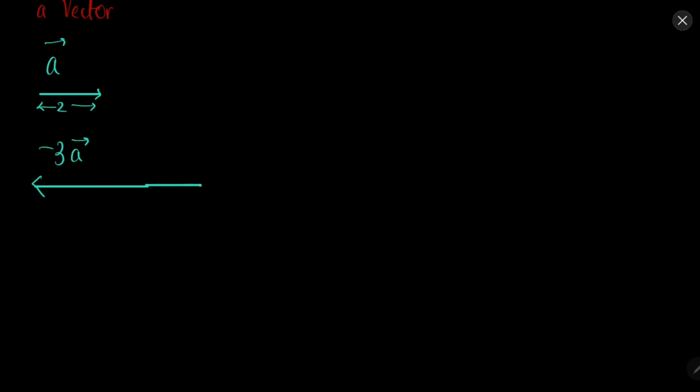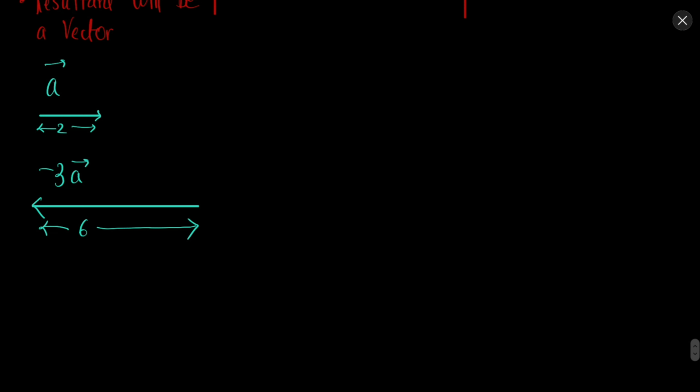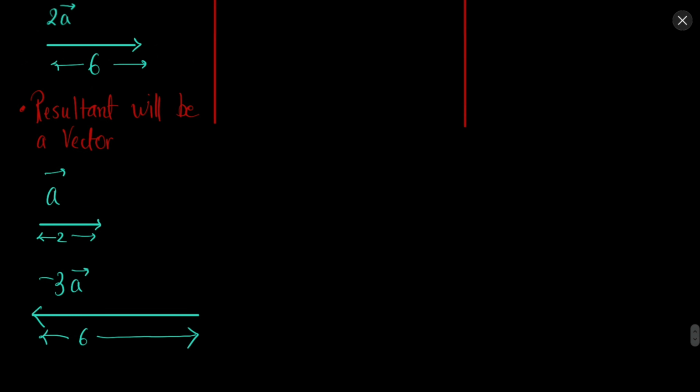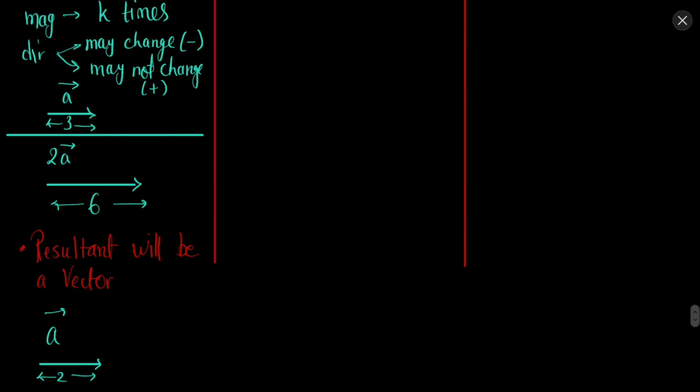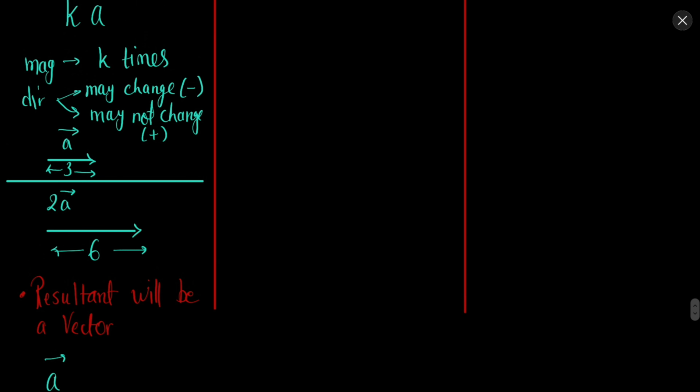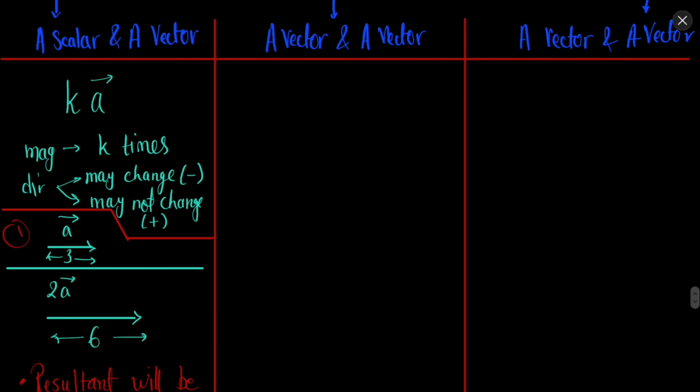It was 2, so now it will become 6, since 3 into 2 is 6. So when we have a negative scalar, the magnitude becomes that many times, and the direction also changes. So this is what happens in scalar multiplication. The magnitude changes by that much, and the direction changes if the sign is negative. It does not change if the sign is positive.